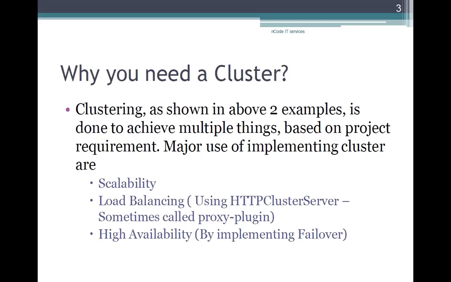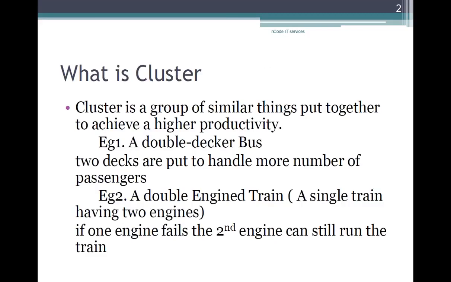So the second thing here is that the engine will fail over to the second one, thereby the entire system is highly available. So as a general concept of clustering, take the relationship between failover and high availability: you implement failover, you achieve high availability. That's how the two are related.